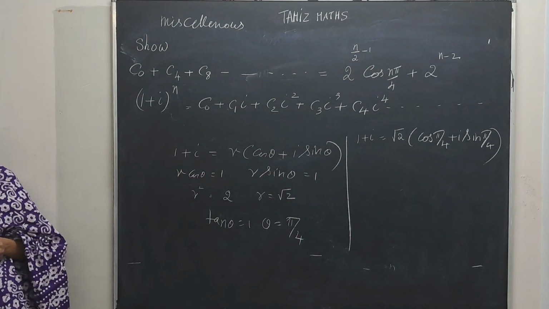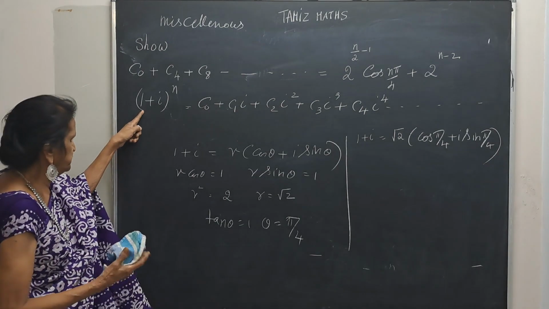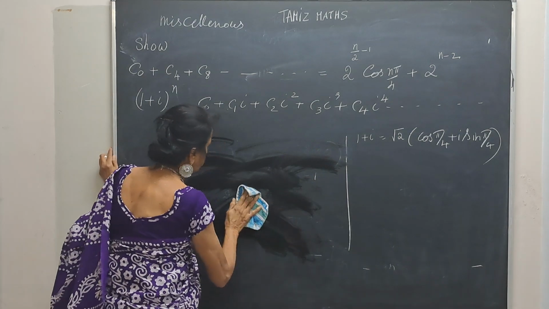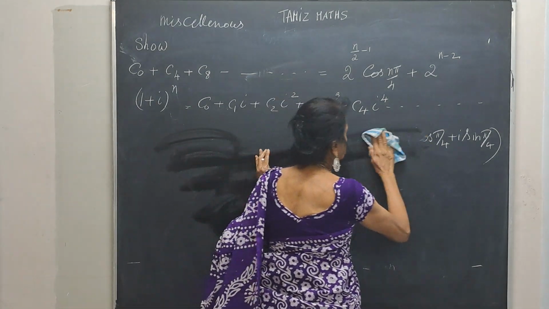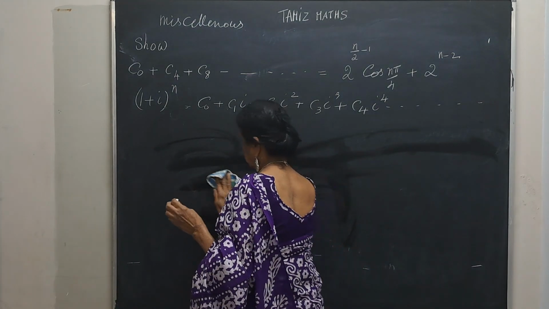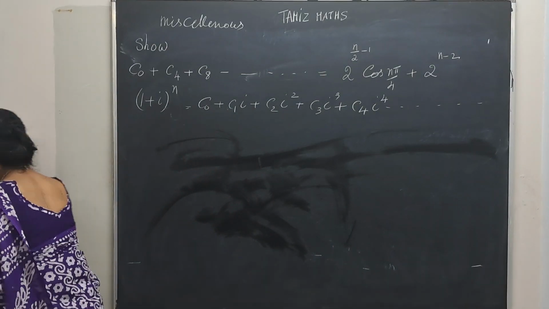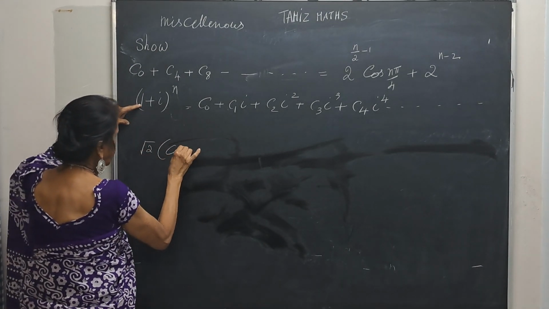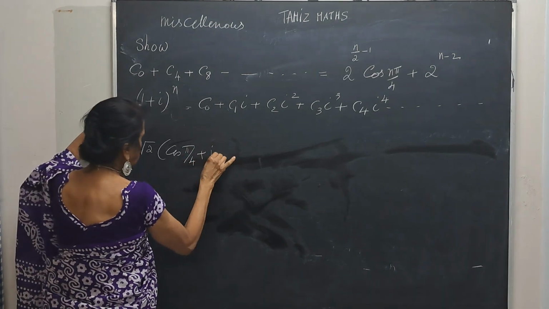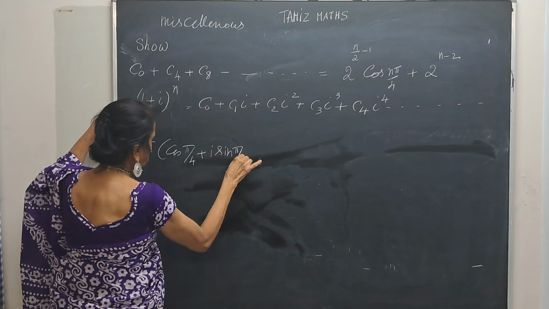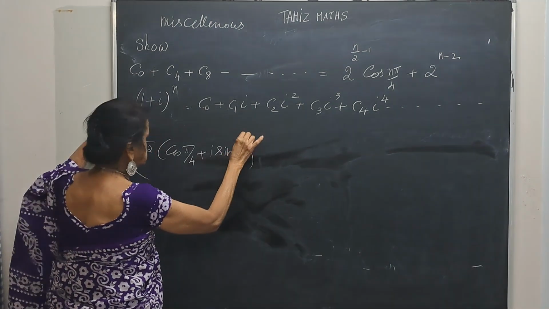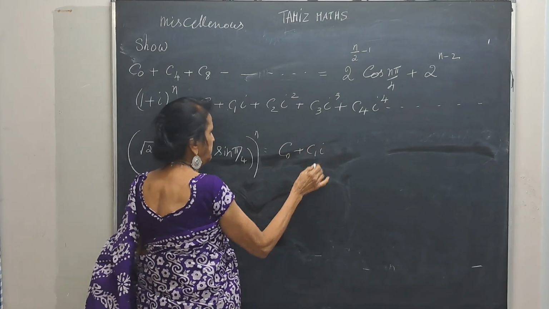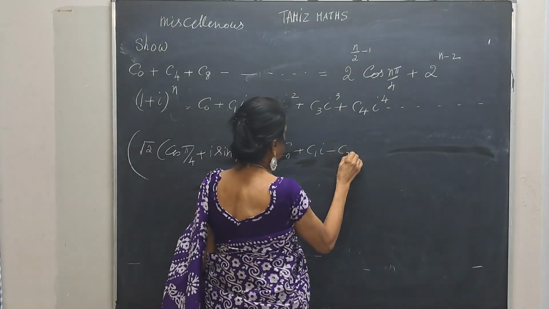So now we will have this side as root 2 into cos pi by 4 plus i sin pi by 4 whole power n is equal to C0 plus C1 i. i square is minus 1, minus C2.